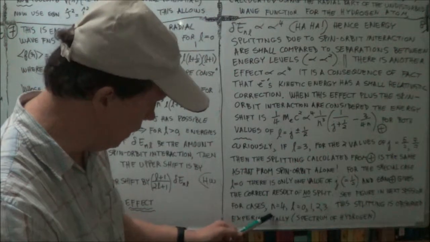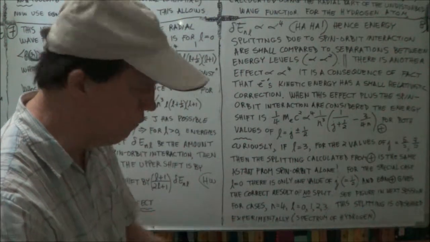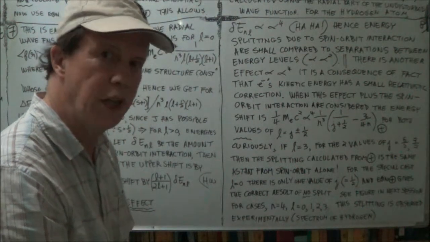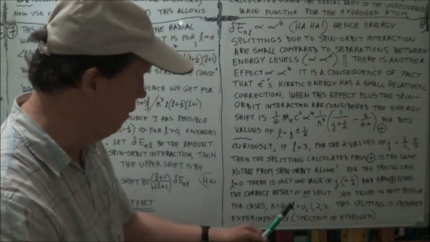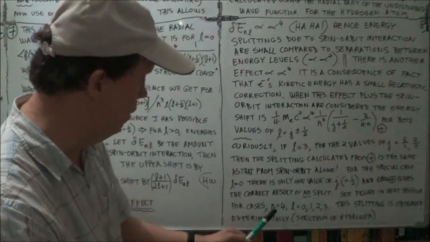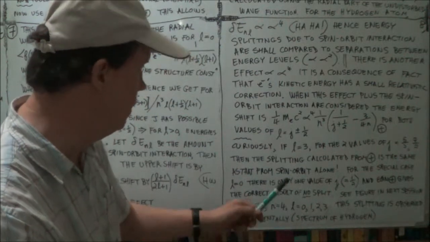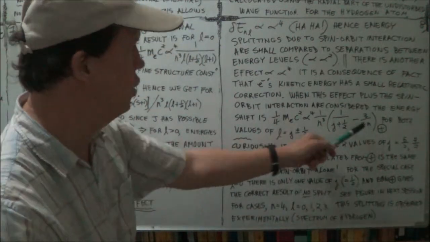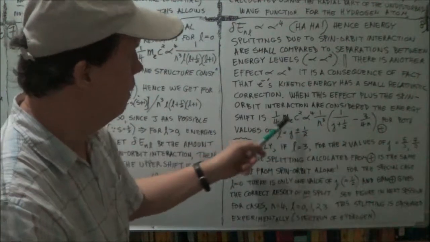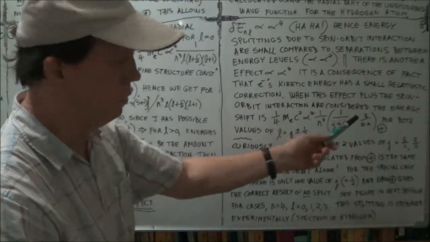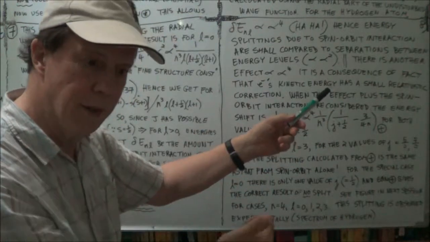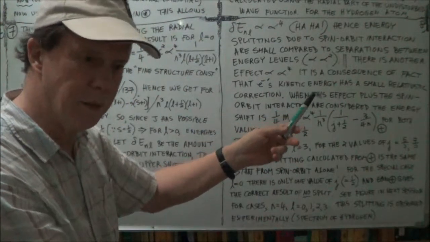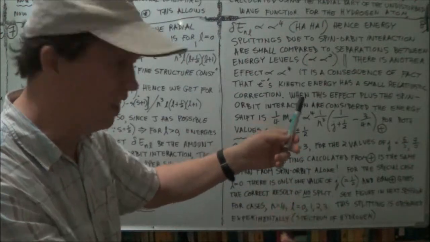In this case, for n is 4, the fourth allowed energy level in the hydrogen atom, and for various values of L. So now this is your general formula that resulted from two alpha to the 4th power effects, spin orbit and the relativistic correction on kinetic energy.